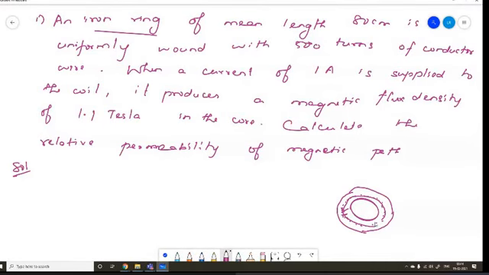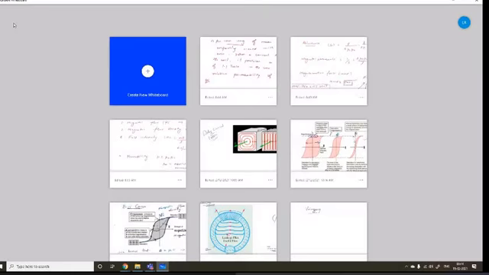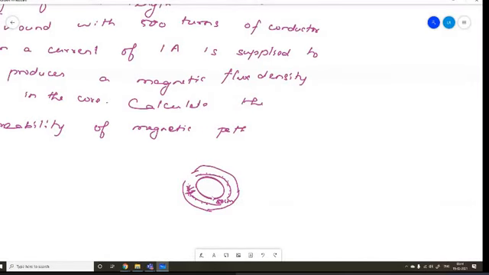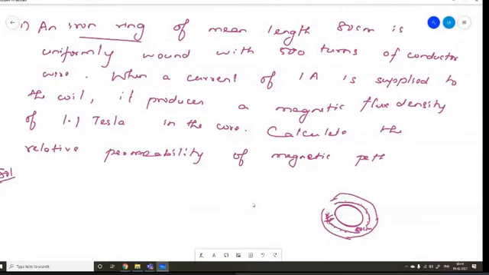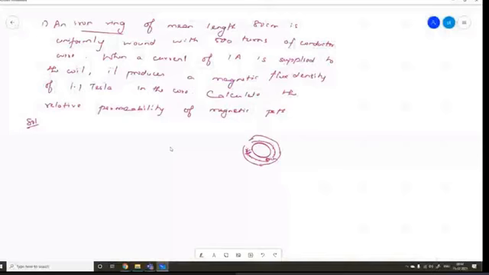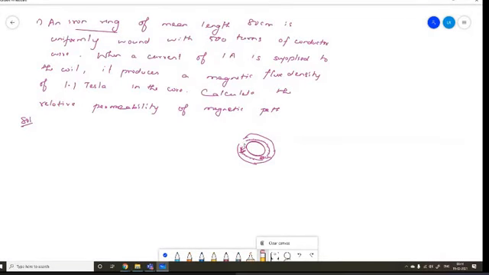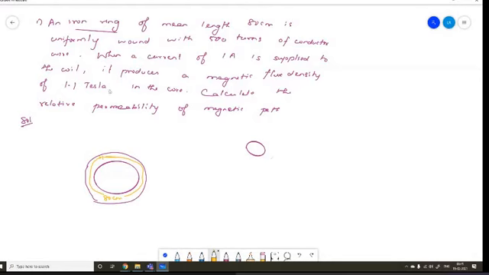This is 80 centimeter, and it is uniformly wound with 500 turns of conductor wire. So here there is a winding.